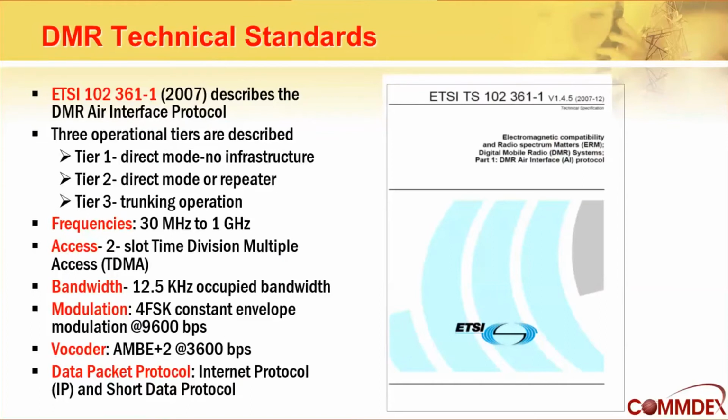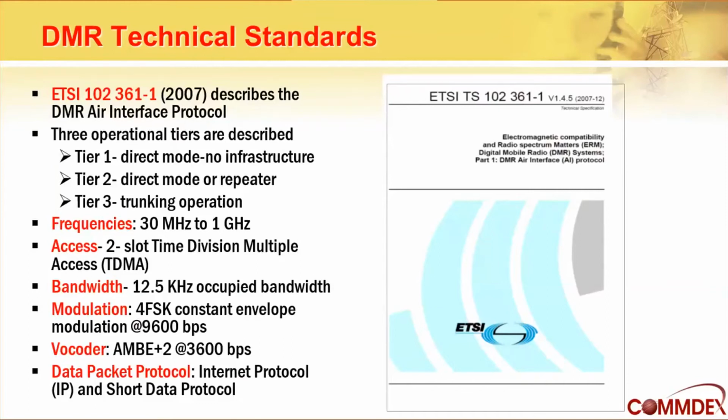So you see there's a lot of similarities between DMR and P25. The vocoder is more advanced because it came along later, and this is the most current vocoder technology out there, AMBE plus 2. And the vocoder, not the raw data rate, operates at 3600 bits per second.